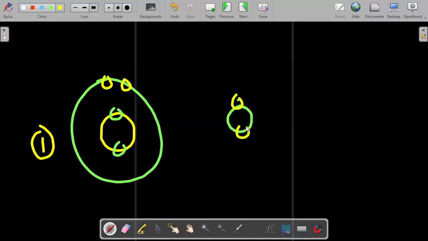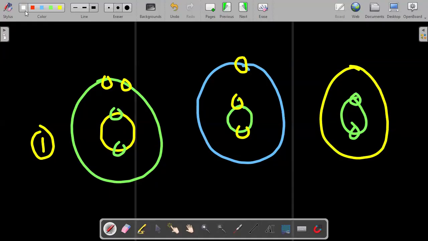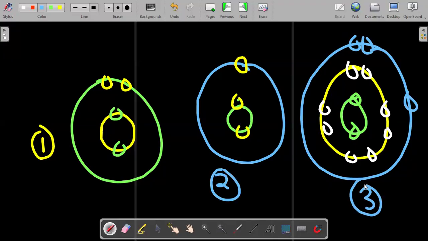Then this one has 1 electron. And let me draw another one. This one has 2 electrons, this one has 8, then the last one, this number 2, this number 3.